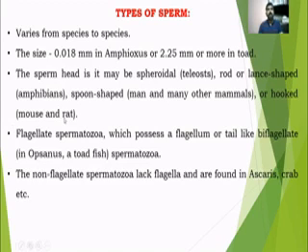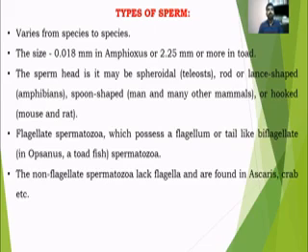Then the sperms have a flagellum for movement, and this flagellum we know as the tail. Flagellated or biflagellated: we observe these biflagellated sperms in a toadfish.